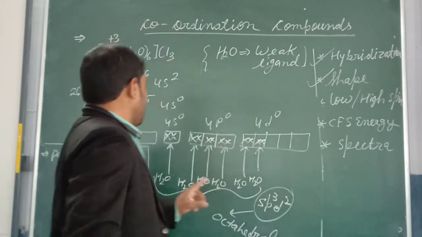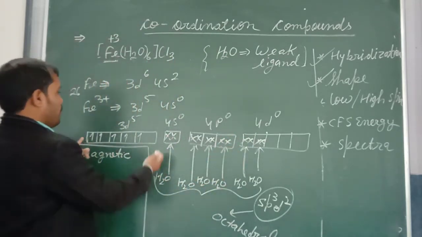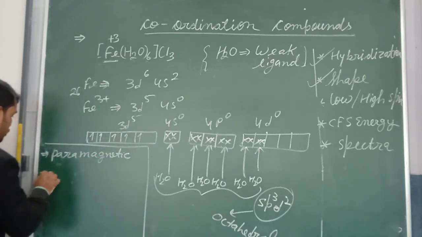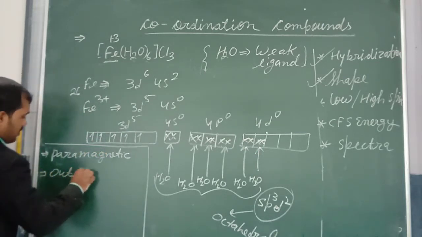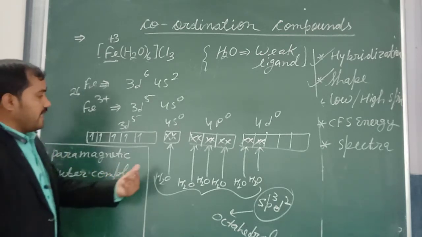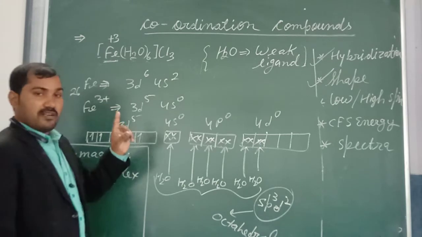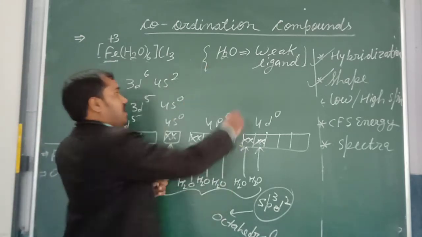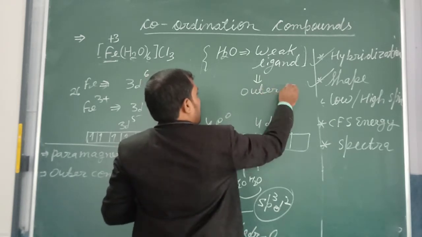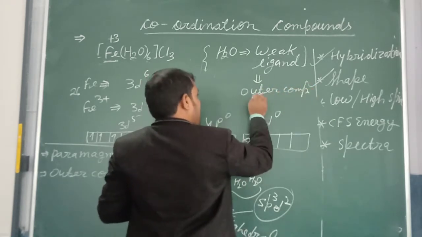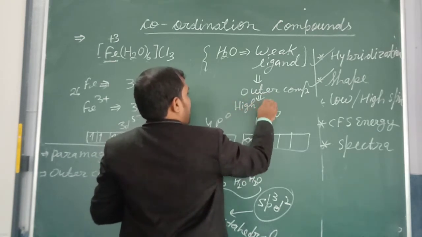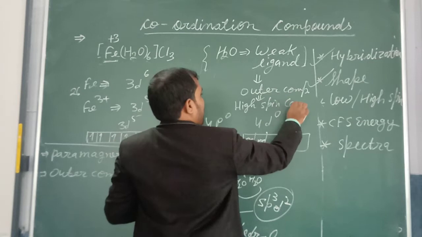First one, since it is a weak ligand, the outer 4d orbitals participated here, so this is said to be an outer complex. If it is a strong ligand, then pairing will take place and it is an inner complex. Weak ligand, outer complex. And weak ligand, then high spin complex.